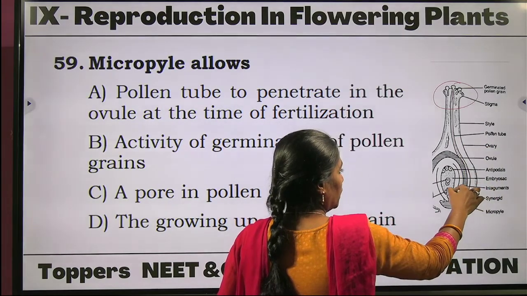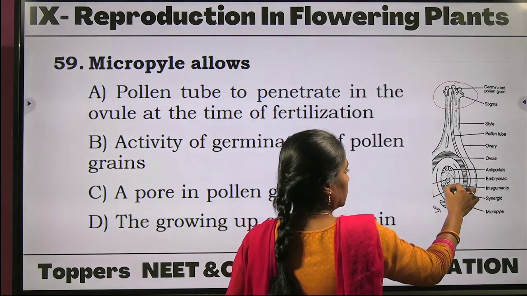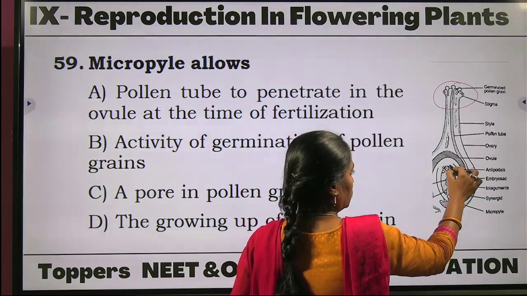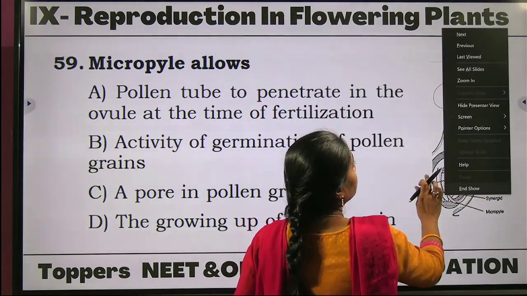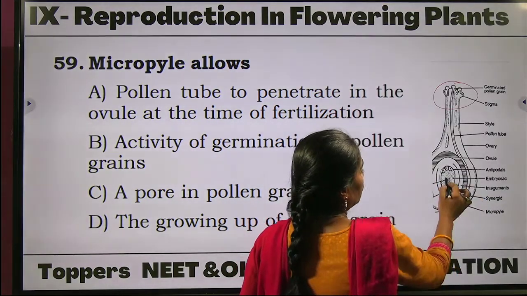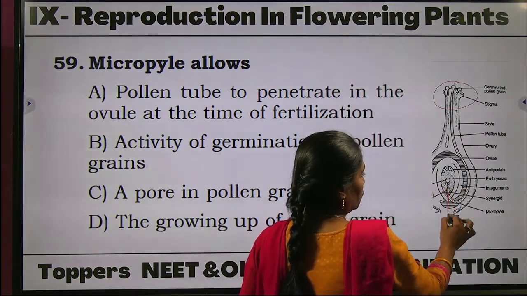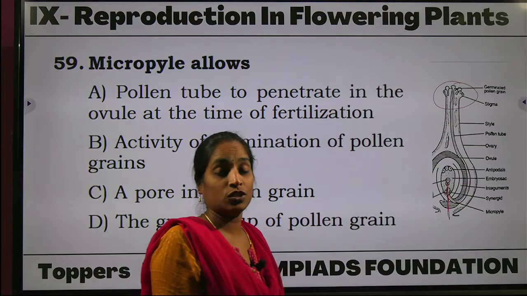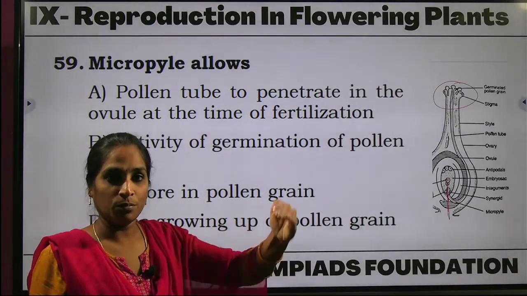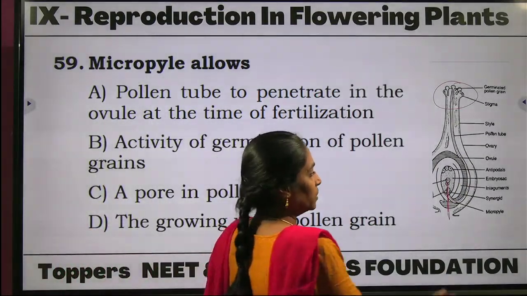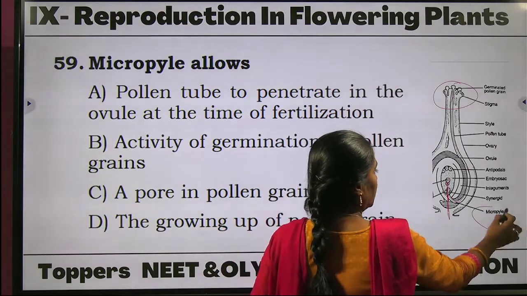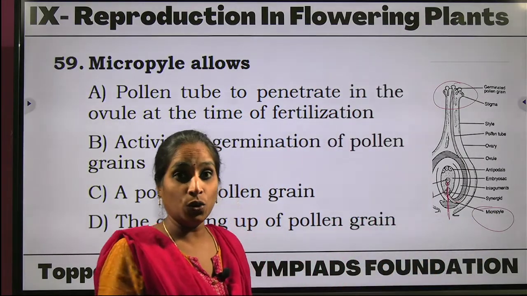Where does it end? It ends at the embryo sac region. The entry of the pollen tube into the ovule, towards the embryo sac, is through a channel. The entry gate is called the micropyle.